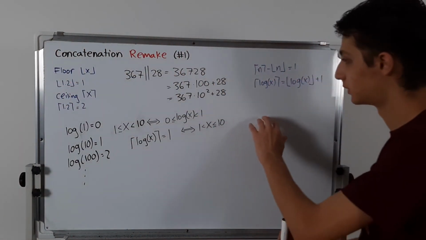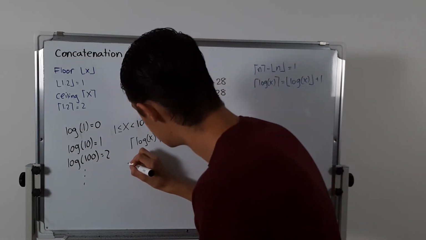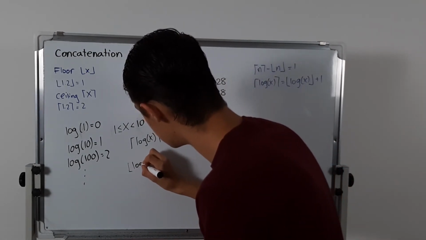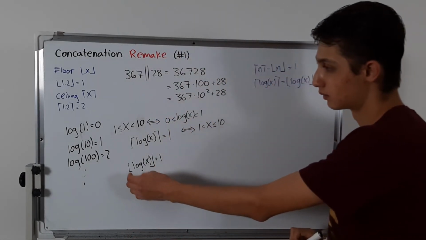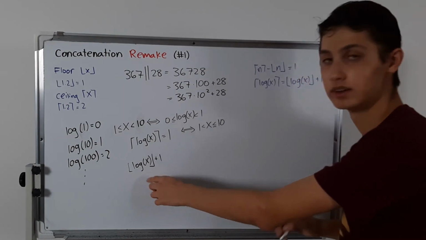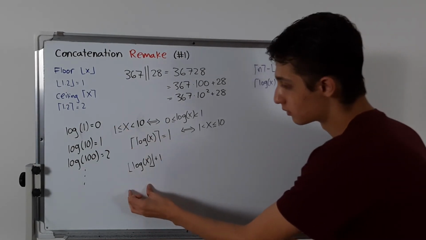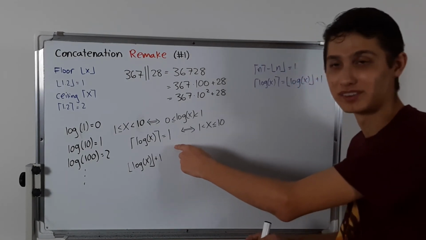So if we just test the floor of log of x plus 1. If we test 1, the log of 1 is just 0, right? Floor of that is still 0, plus 1 we get 1. That's what we want, right?